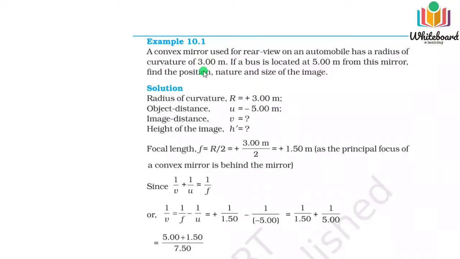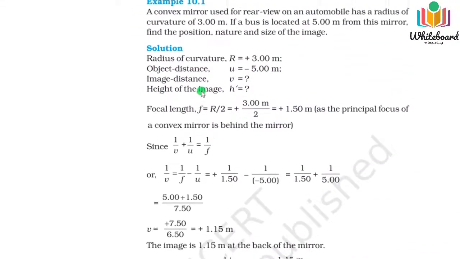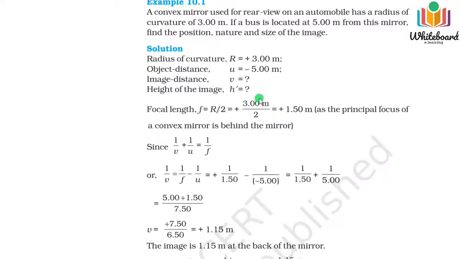In a convex mirror, the radius of curvature is on the right hand side, so it is plus. Object distance we take on the left hand side, so it is minus. Image distance v we don't know, so we put a question mark, and the height of the image we have to find out. Focal length is r by 2, that is plus 3 by 2, that is 1.5 meter.